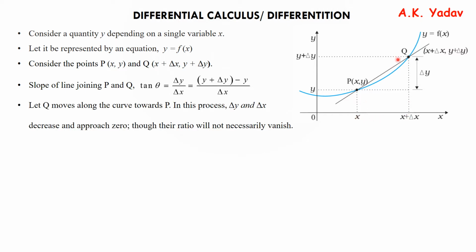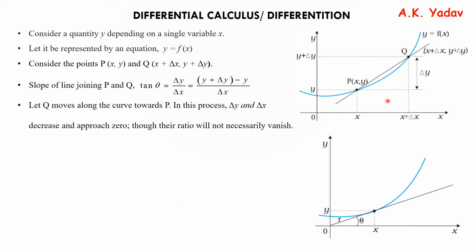Let Q move along the curve towards P. Now in this process, both delta y and delta x will decrease and approach 0, although their ratio will not necessarily vanish. If we plot this, this is what we are talking about.